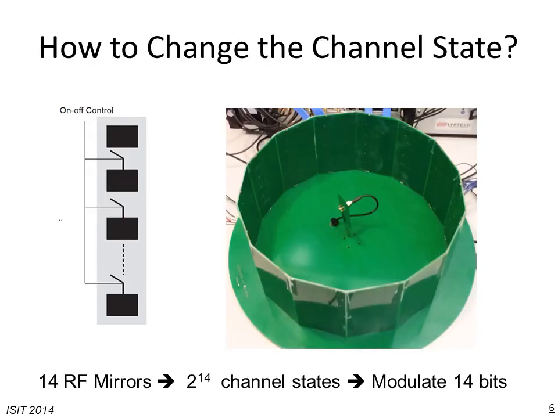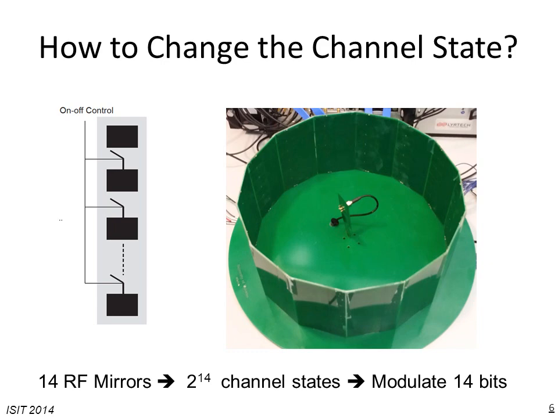To further explain the idea, here I have one practical example of the method to embed the information in the channel state. This round green unit that you see has an omnidirectional antenna in the center. This is an antenna with a donut-shaped radiation pattern, and it is surrounded by 14 walls.